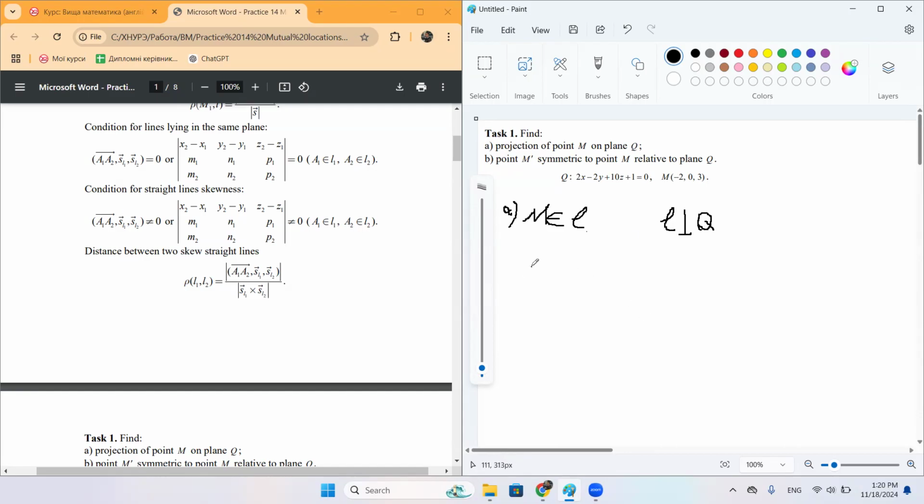I will remind you that the direction vector of the line L matches the normal vector of the plane Q, and its coordinates are the following. From this equation, 2, minus 2, 10.